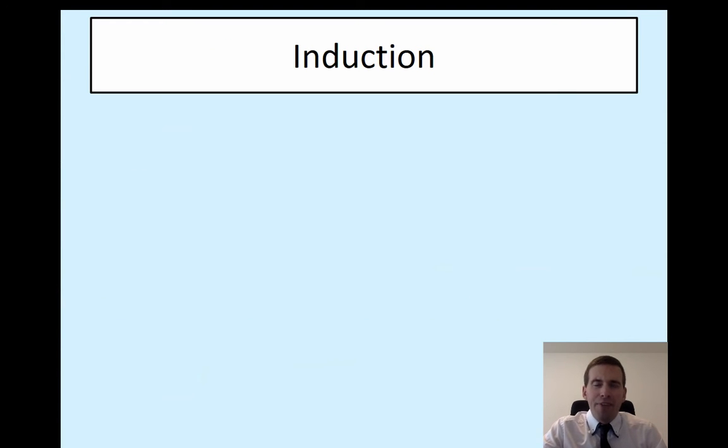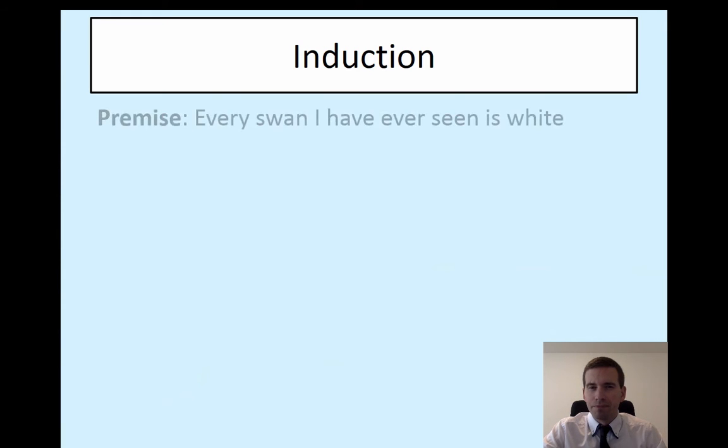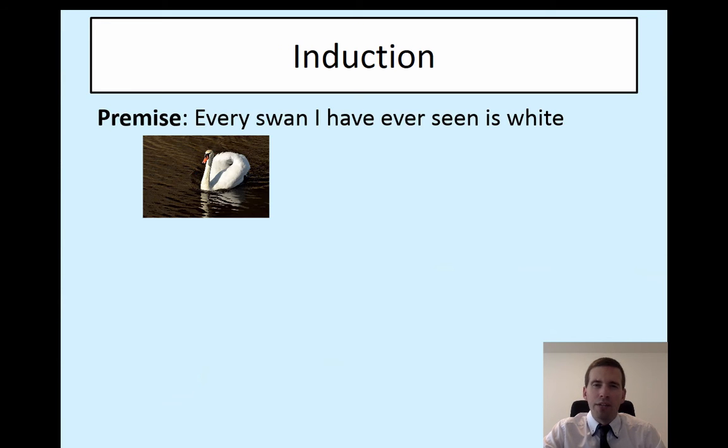Now, there's a very famous example regarding inductive reasoning. And it starts with a premise. Now this premise is that every swan I've ever seen is white. So these are particular pieces of information. You've seen a swan, it's white. That is a particular piece of information.